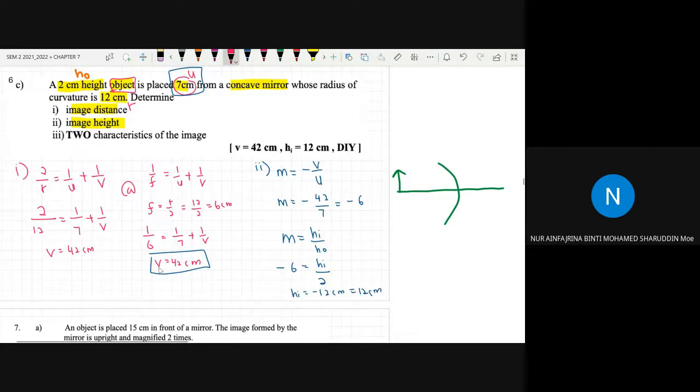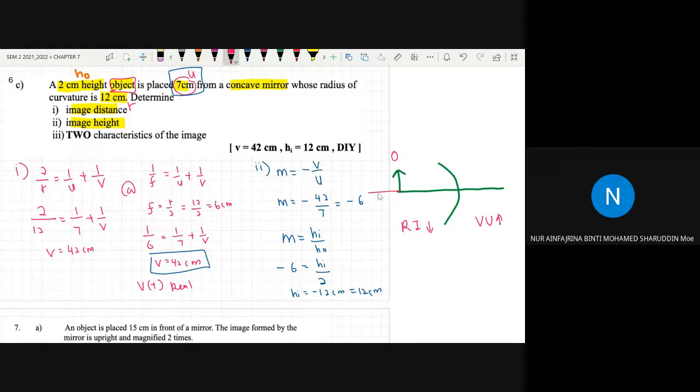Okay, cuba tengok. V awak positif ke negatif? Positif. Bila positif, dia real image ke dia virtual image? Real. Real, very good. So bila dia real image, maksudnya dia dekat depan cermin ke dia dekat belakang cermin? Depan cermin. Very good. So dia adalah real image dan dia adalah dekat depan cermin.